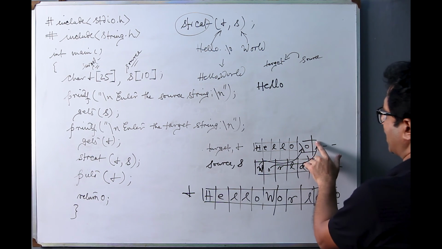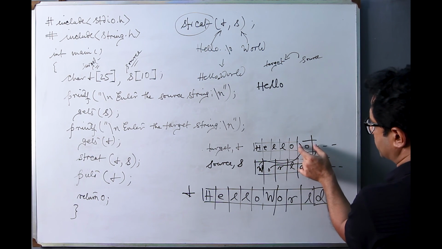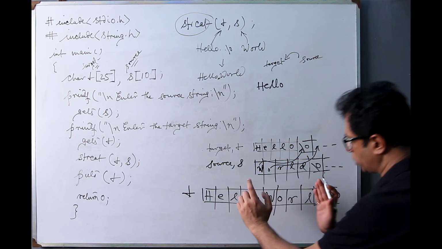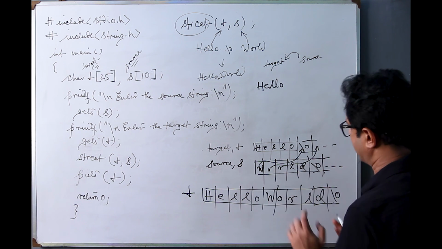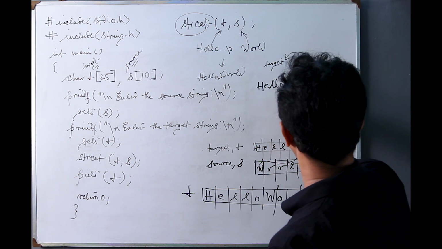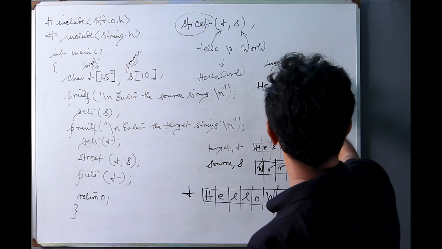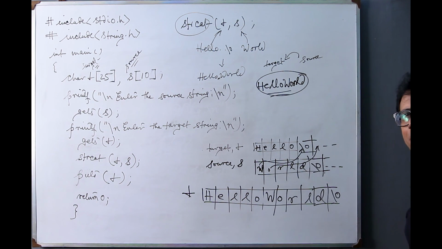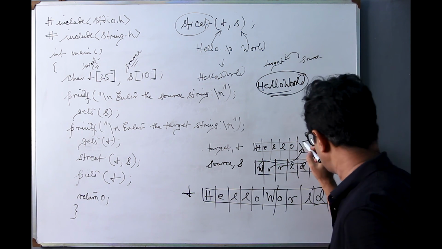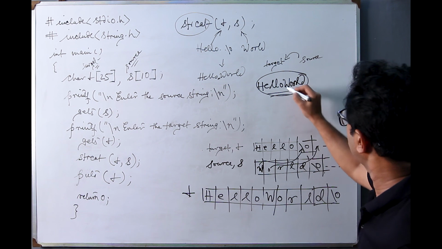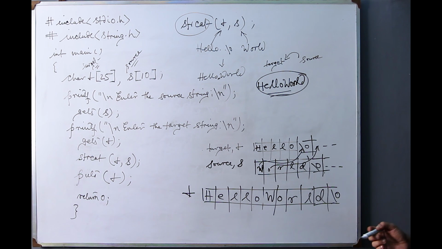So we could have taken a space after this, or a space before this W in order to cater for a space between them. Since I didn't keep any space, this hello world will be printed like this. There will be no spaces in between. So this will be our output. So if you want to keep any space between the two, you have to keep a space after this, or a space before this W. That's up to the programmer to decide.